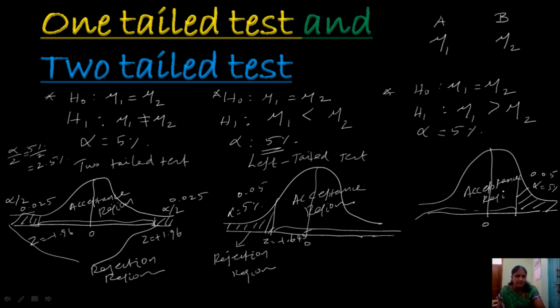This is my acceptance region and this is my rejection region. Look here, the critical region or rejection region falls on the right hand side of the normal curve. So we call this type of test a right tailed test.